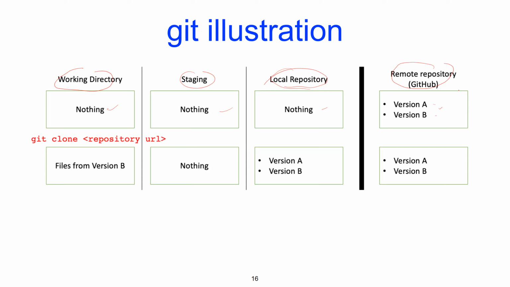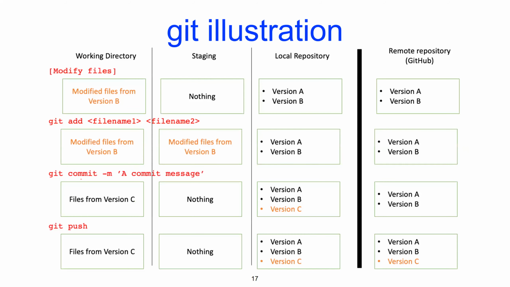What you need to do first is clone the remote, GitHub. So basically we release the homework, and you need to clone it first. After you clone, by default you will get the latest version into your working directory. Magically, your directory will have several additional files appear.